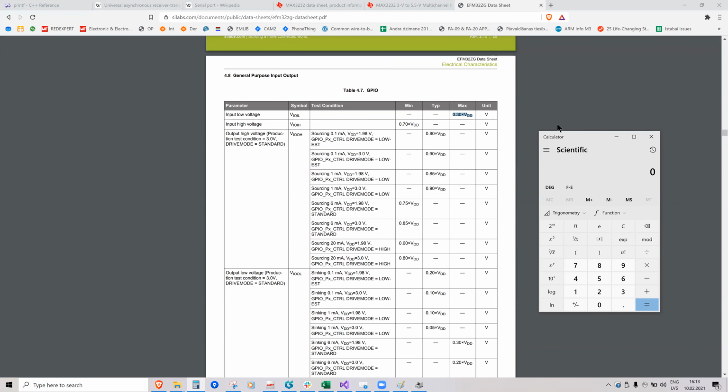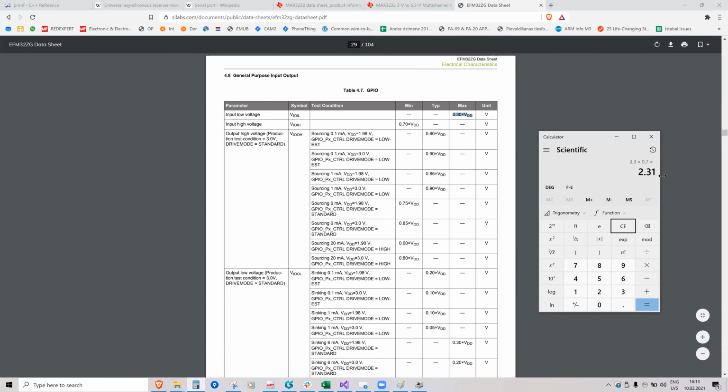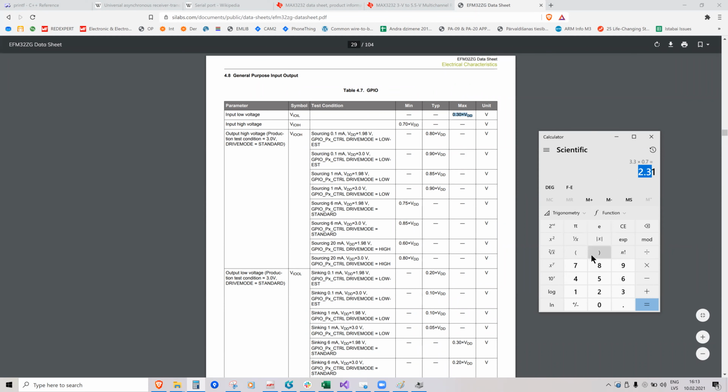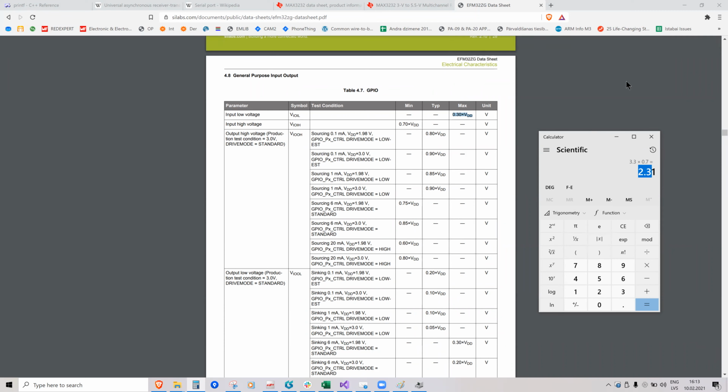And everything above 0.7 times the power supply, so 3.3 times 0.7, everything above 2.3 volts will be considered high. Everything in between is not really a stable input, and it can switch the level to the opposite, so it shouldn't be allowed there. So yeah, this is about the voltage levels.